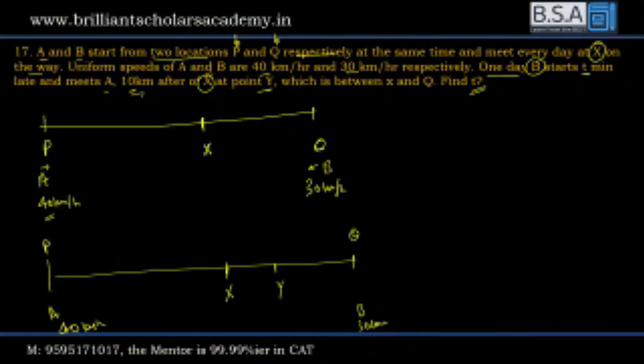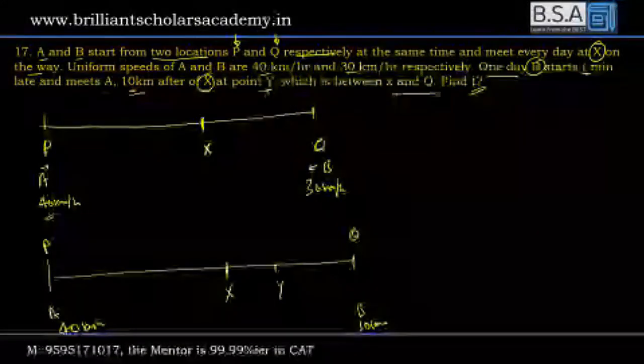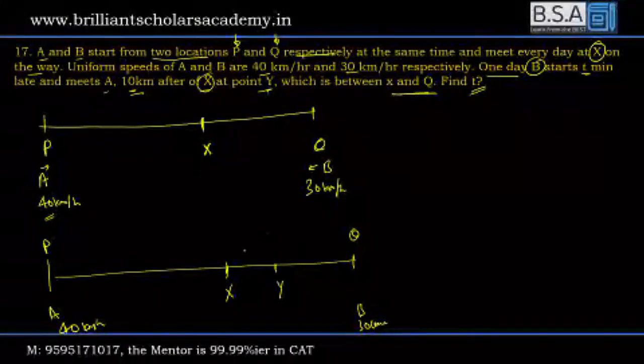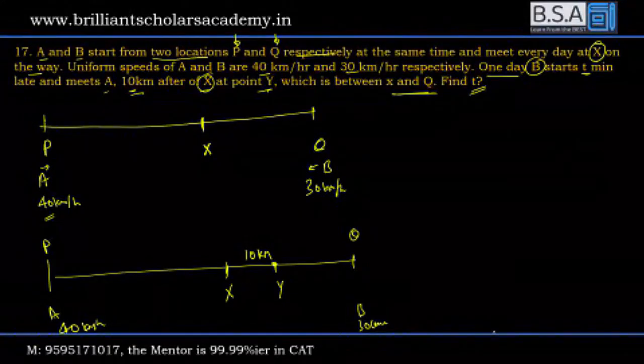And where is Y? 10 kilometers after X, point Y, which is between X and Q. X और Q के बीच में 10 kilometers. यहाँ पे they meet. So the question is, how much late did the person B start the journey? कितने मिनट लेट इन्होंने जर्नी स्टार्ट किया होगा?